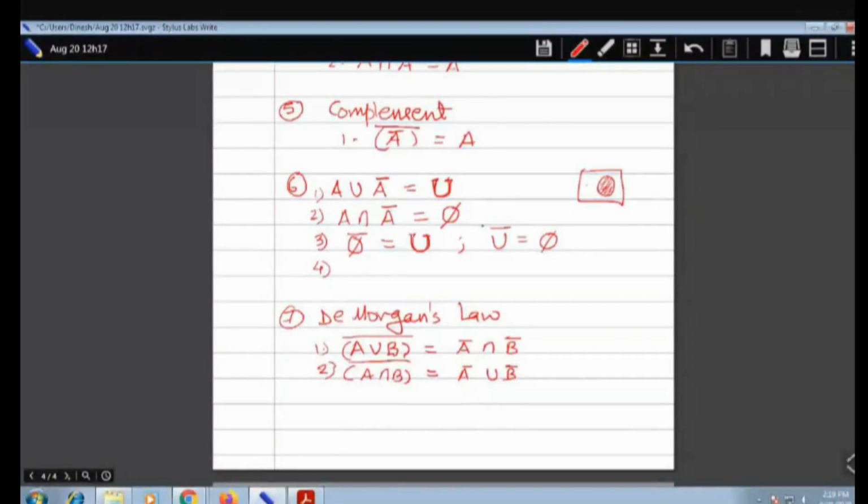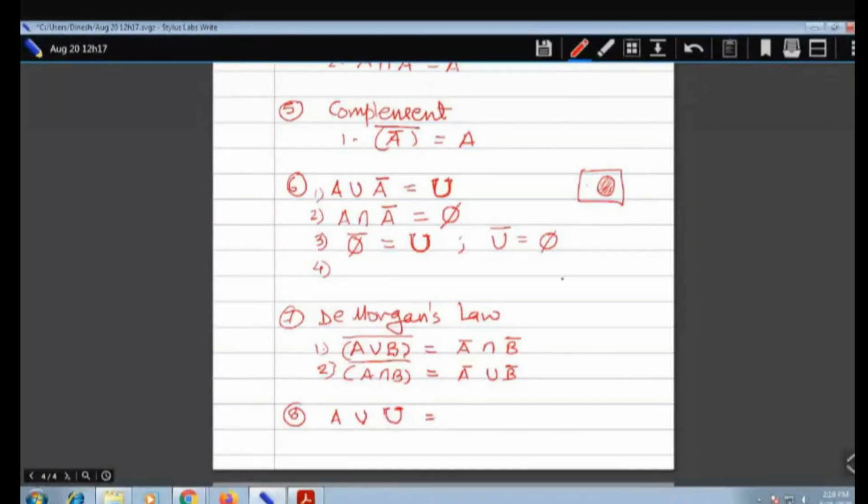Now let me add the next property, that is the universal set. A union the universal set is what?